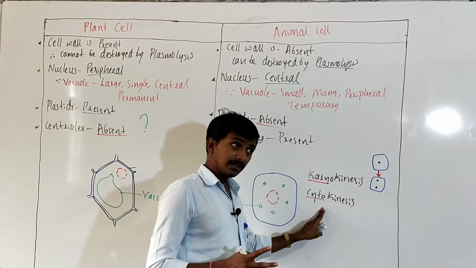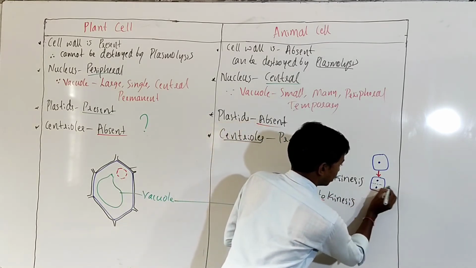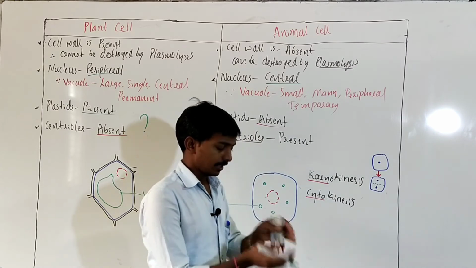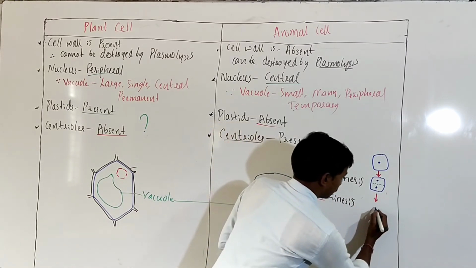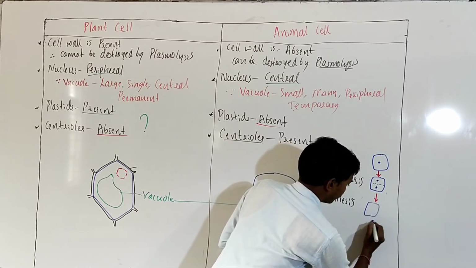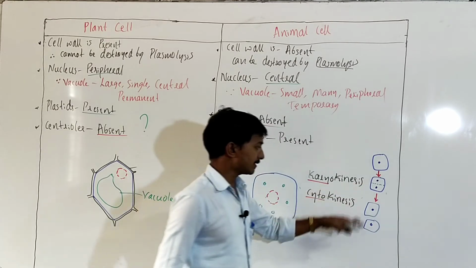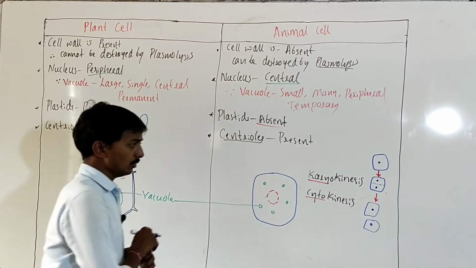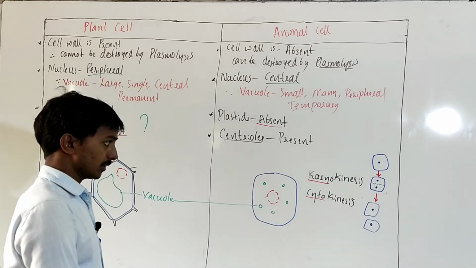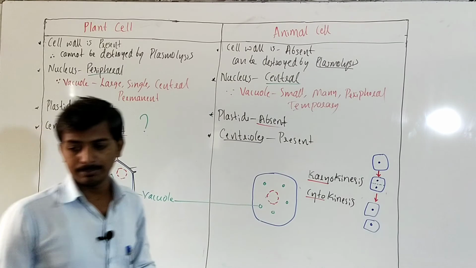Then after that the cell has to divide the cytoplasm equally to form two equal cells. So this division is called cytokinesis. The difference in cytokinesis is between plant cells and animal cells.